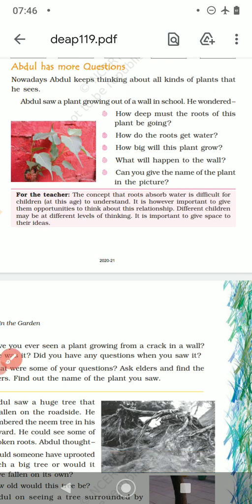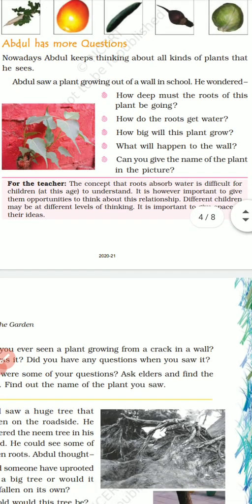Okay, now the concept of roots absorbing. We all know the function of the roots, right? The roots absorb water. It's difficult for children at this age, but we know when you water the plant, the roots of the plant are inside the soil, right?